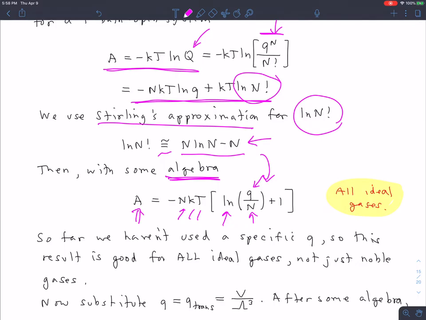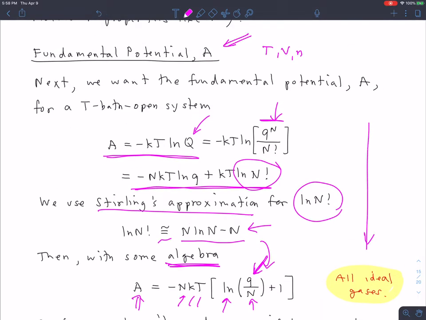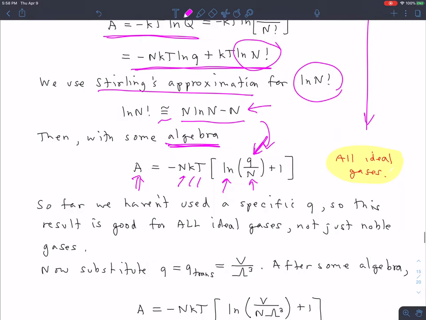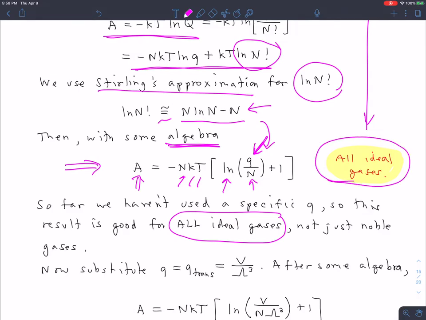We haven't said anything yet about what this molecular partition function is. Everything I did in this last little bit holds for all ideal gases. So this is a good result for all ideal gases.